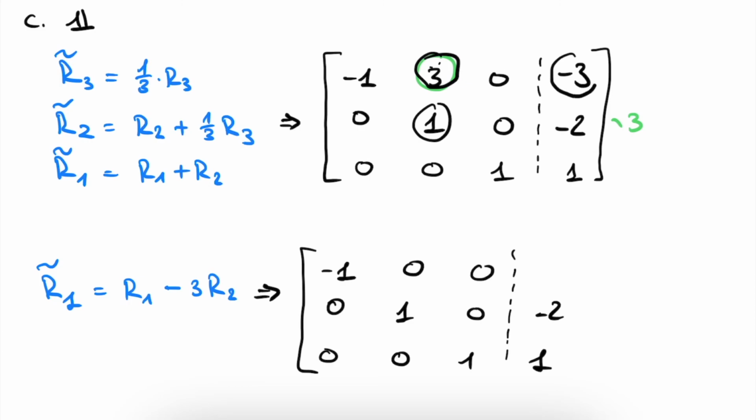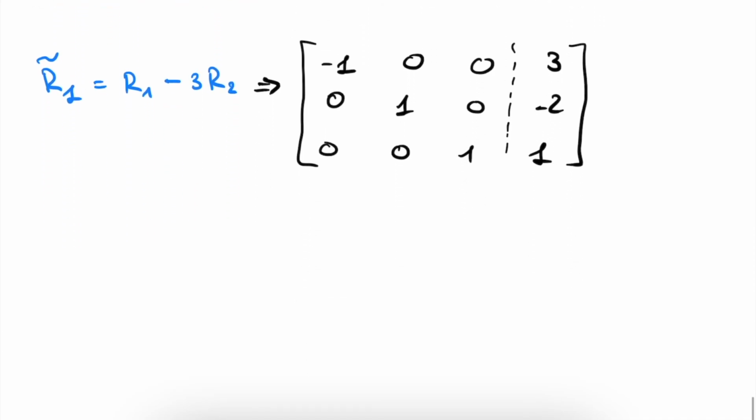And for the fourth element, we have -3 minus 3 times -2. So we have -3 minus -6, which becomes -3 plus 6, which simply becomes 3. And now we have, again, a matrix that is even more closely looking like the identity matrix. Only this -1 has to become a +1.